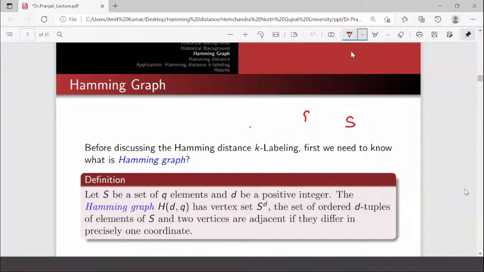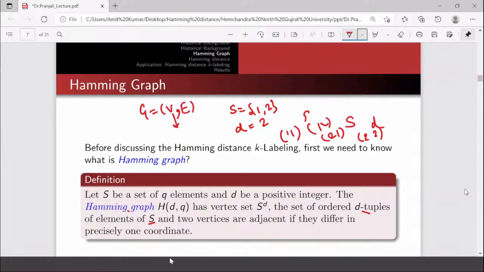You have a set S and D be any positive integer, then the Hamming graph H(D,q) has vertex set S to the power D. Suppose S is {1, 2} and D is also 2, then there will be tuples like (1,1), (1,2), (2,1), (2,2). So these are ordered tuples over the set S. Since for a graph we require only two things, vertices and edges, the vertex set comes from S to the power D, and two vertices are adjacent if they differ precisely in one coordinate.